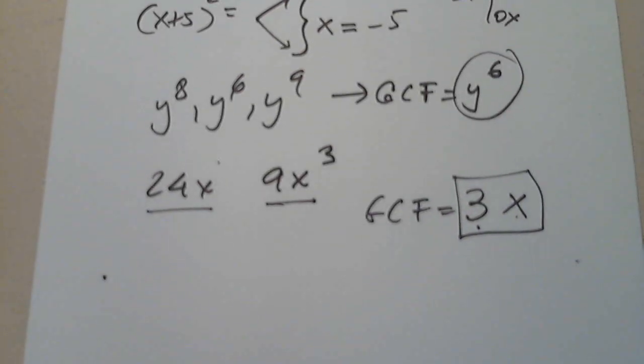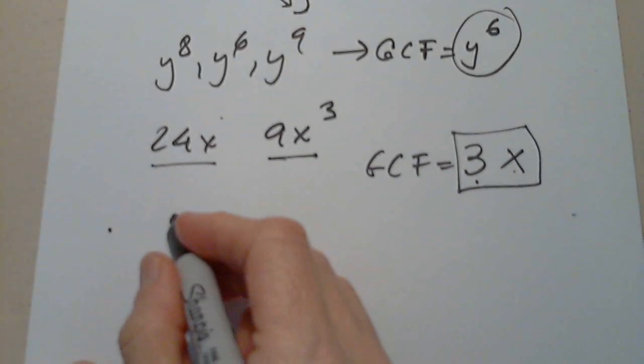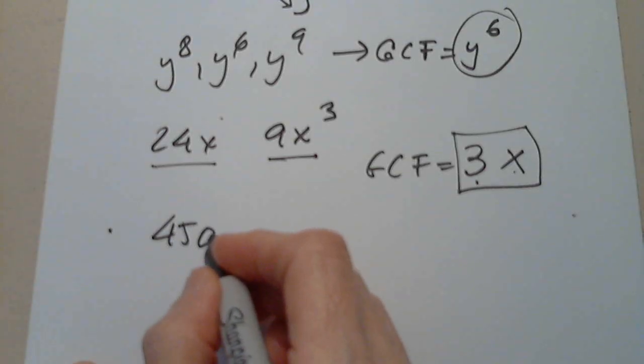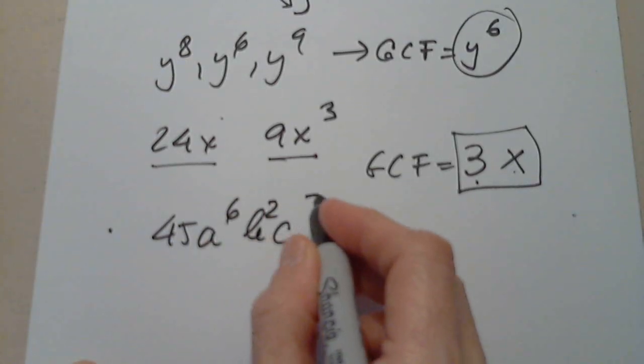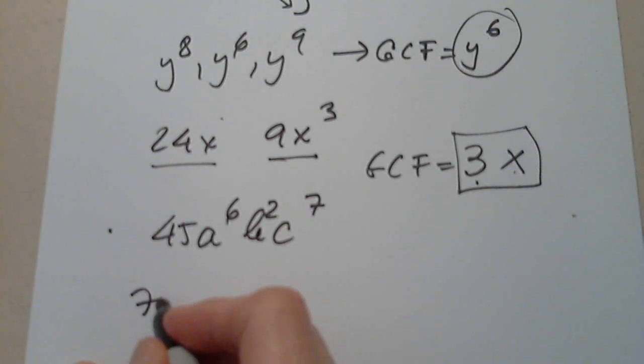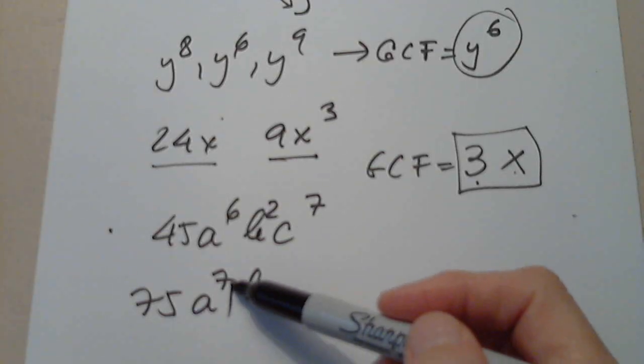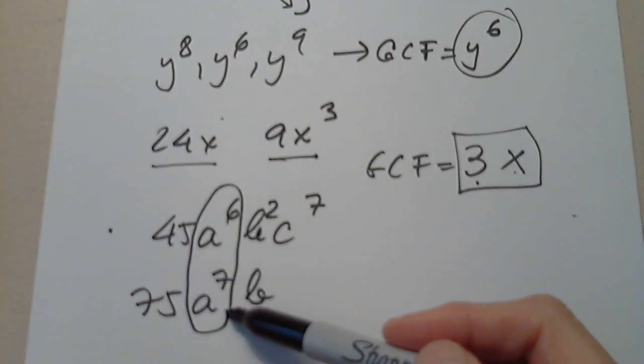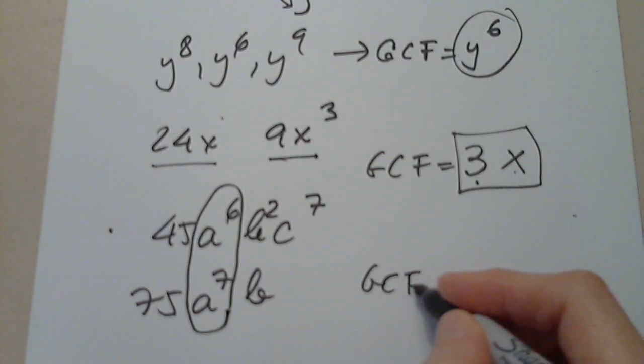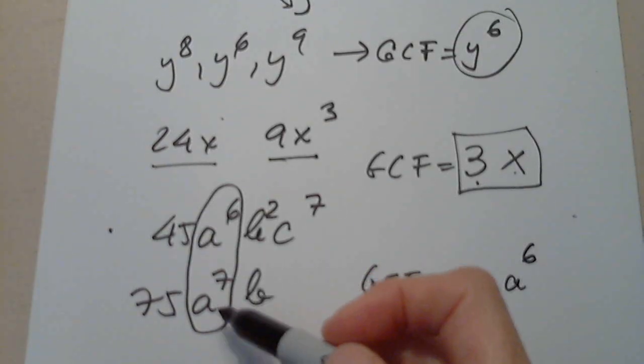Okay, again, in this example, it's easy for the variables. a to the 6th, b squared, c to the 7th, and 75, a to the 7th, b. The variables are easy. Why? Because I have to choose the smallest power. So in the greatest common factor, a will have power 6.